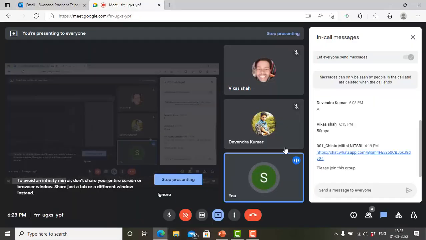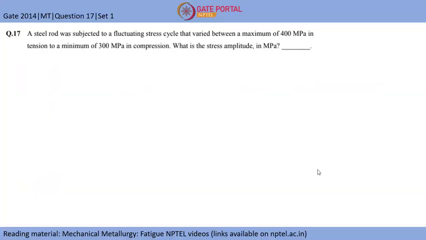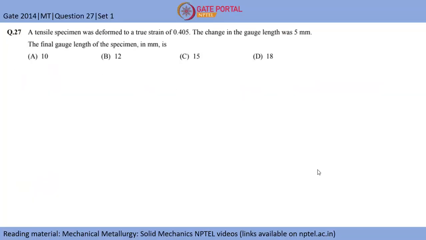So now I will go to question number 3 and I will give you 2-3 minutes to solve it, and then we will solve the question. This is a numerical where the true strain of a tensile specimen is given and delta L, the change in gauge length, is given.